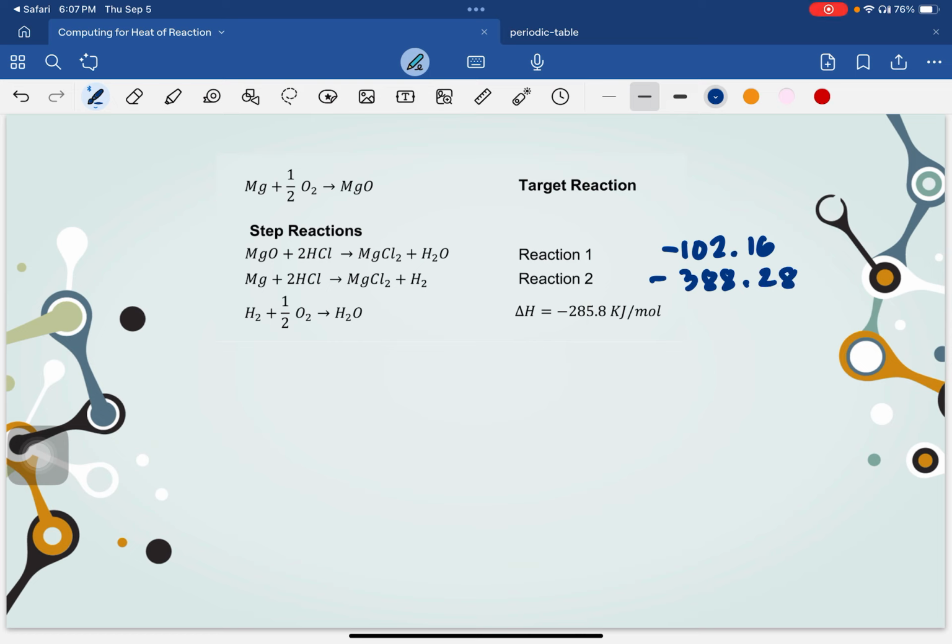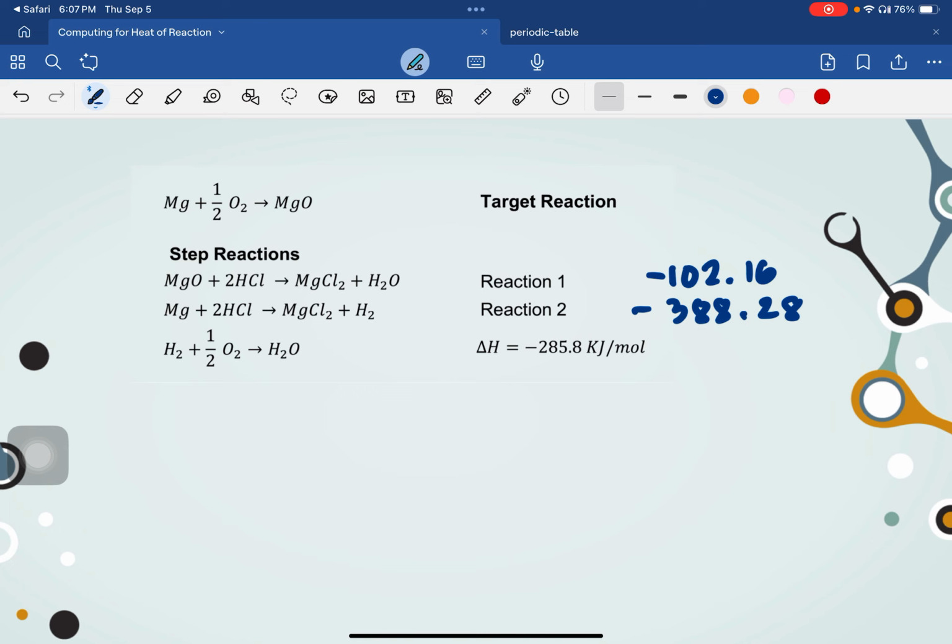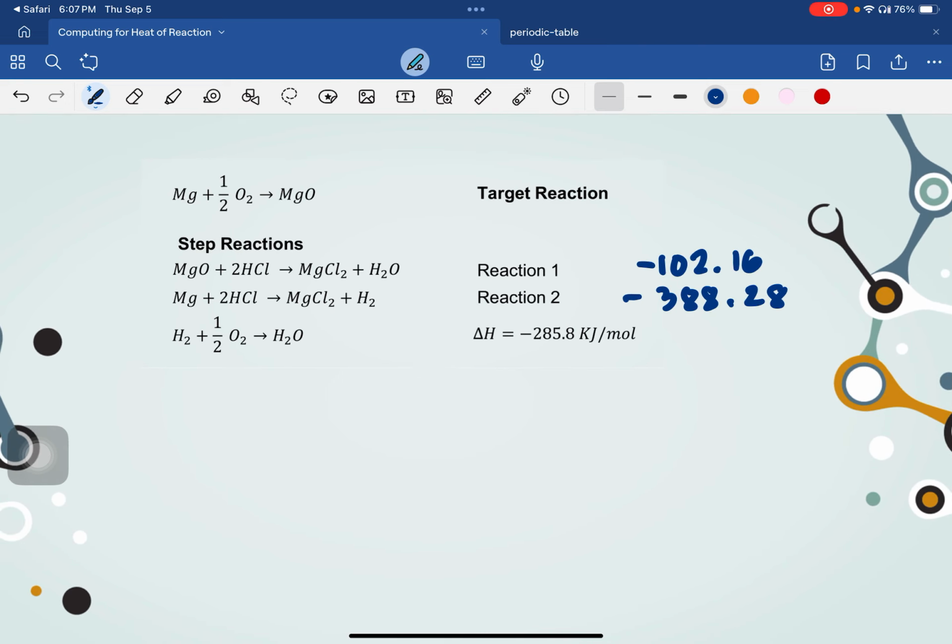All of these are in kJ per mole. So that being said, we can already solve it. We can use Hess's law. But first, let's see if they're already properly positioned. So MgO should be on the right side of the arrow. So for the first one, we have to invert the equation. So let's do that.